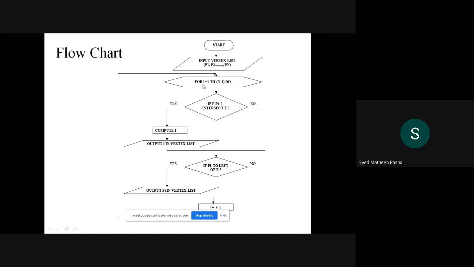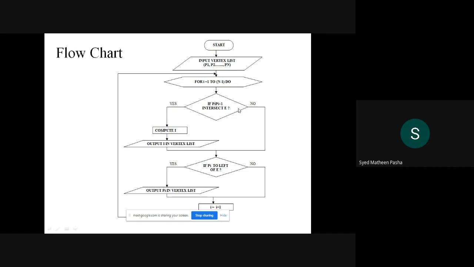Similarly, we'll be using the ith value there, giving the I value from 1 to n minus 1. Once we have used the for loop, we'll check if P, Pi plus 1, that is that particular point as well as the window, is intersecting with respect to some edge. You should compute I, that is the intersection point, where the output will be in the vertex list.